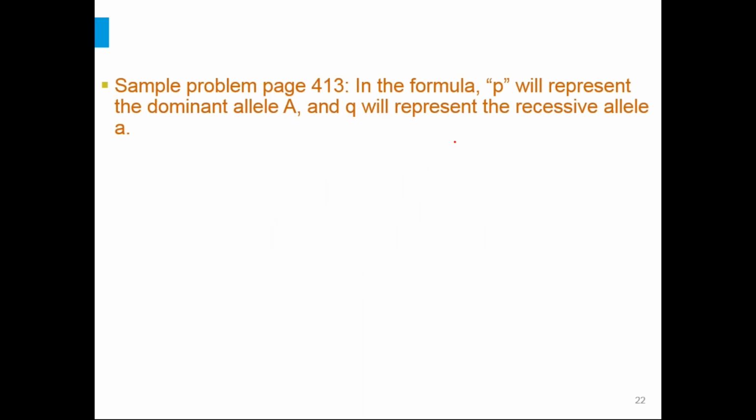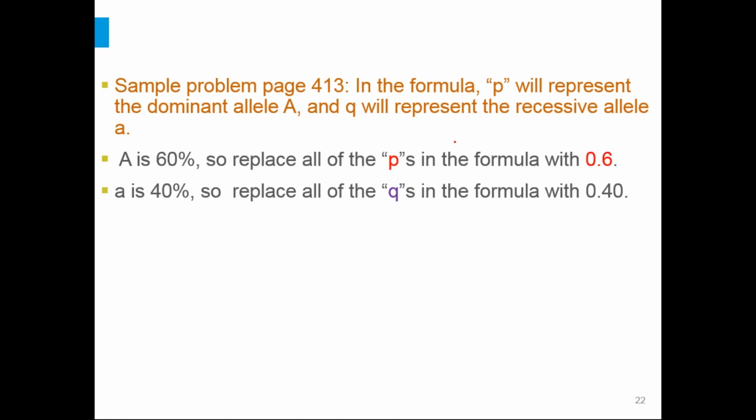So on page 413, the first sample problem has A as the dominant allele and lowercase a as the recessive allele. In the first formula, P will represent the dominant allele and Q will represent the recessive allele. The question tells us that the frequency is 60% for capital A, so we'll replace all the P's in the formula with 0.6.